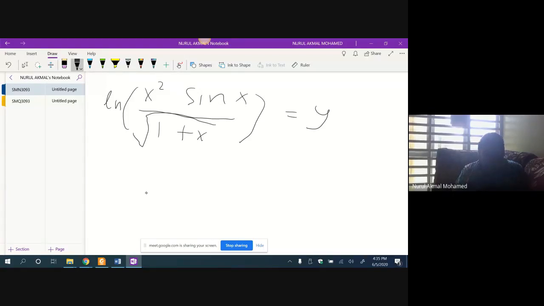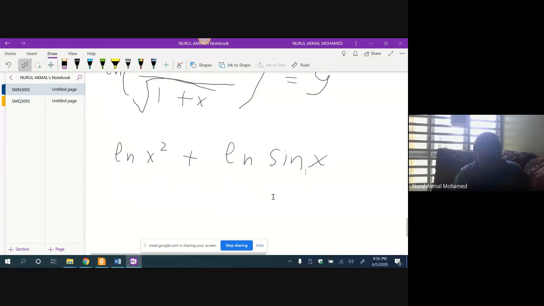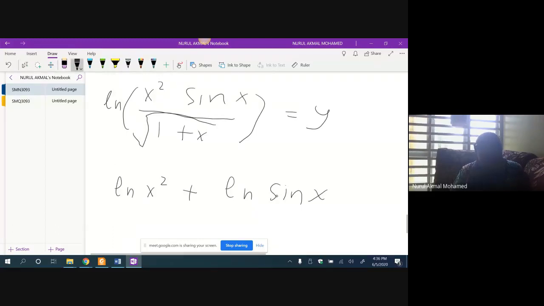So you can expand this so that it is ln x squared. For the product, it will be plus ln of sine x, and for the denominator, it will be minus ln of the square root of 1 plus x.